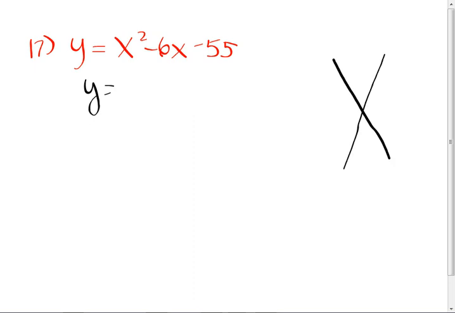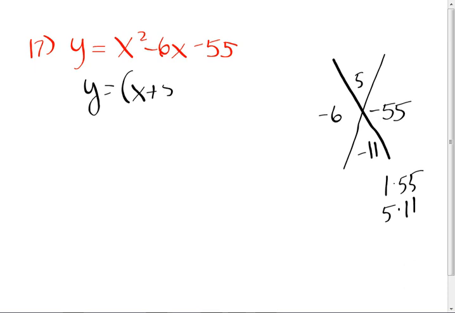This is negative 6, this is negative 55. Matt, what numbers multiply to give me 55? 5 and 11. 1 times 55 and 5 times 11. I want a negative 6. Good. So this is x plus 5, x minus 11. Great.